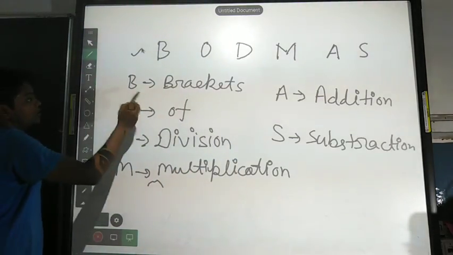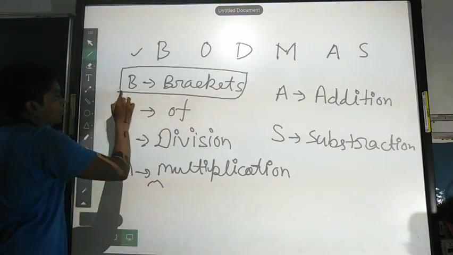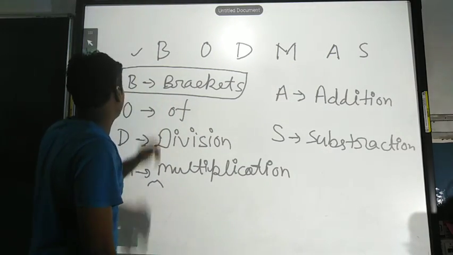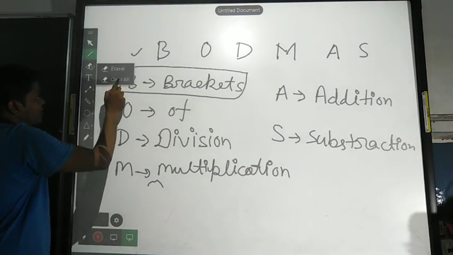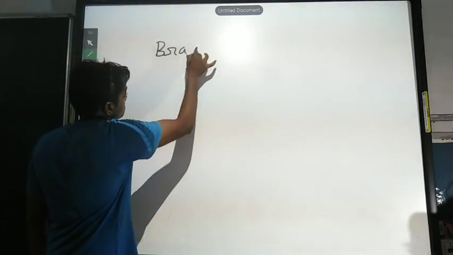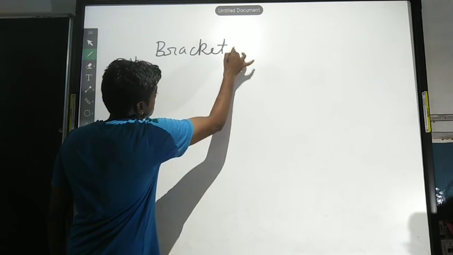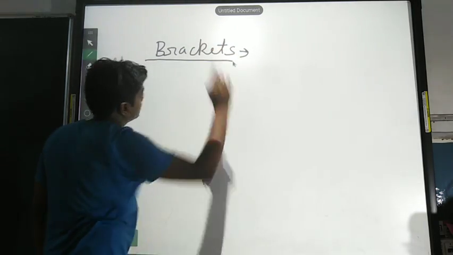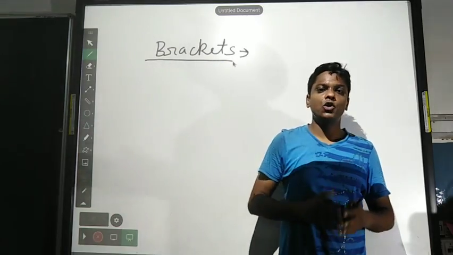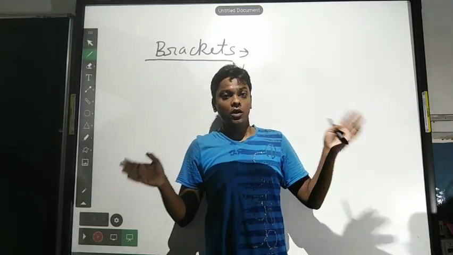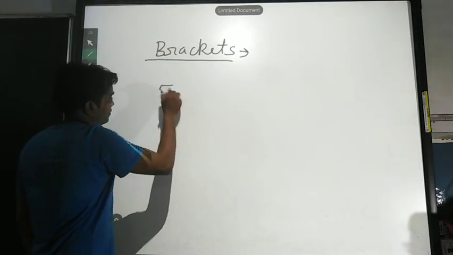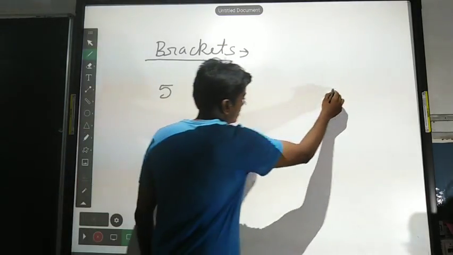So our first word or symbol is bracket. B stands for bracket. Let's understand what a bracket is. Brackets are always used in mathematics for the separation of two or more terms in a given equation, like 5, 4 and 6.